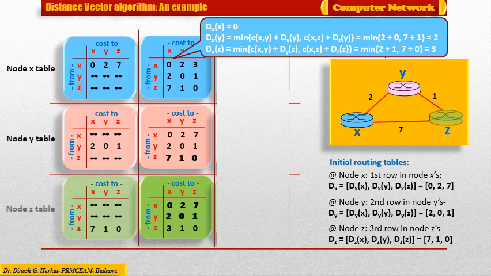After recomputing, dx of x is 0, dx of y is computed as 2, and dx of z is computed as 3. Hence, it replaces the old value with the newly computed value, that is 0, 2, 3.